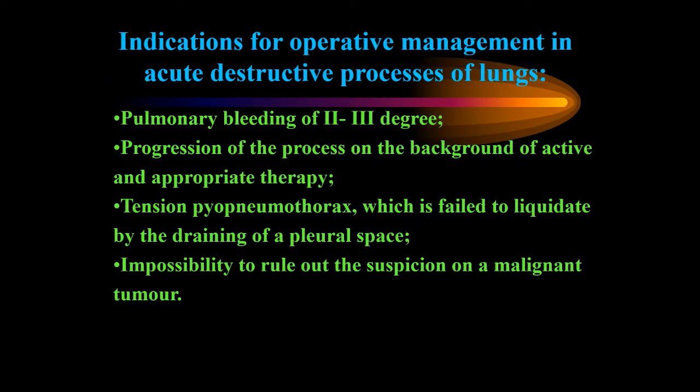Indications for operative management in acute destructive process of the lung: pulmonary bleeding of the second and third degree, progression of the process on the background of active and appropriate therapy, tension pneumothorax, which fails to be resolved by drainage of the pleural space, and impossibility to rule out the suspicion of a malignant tumor.